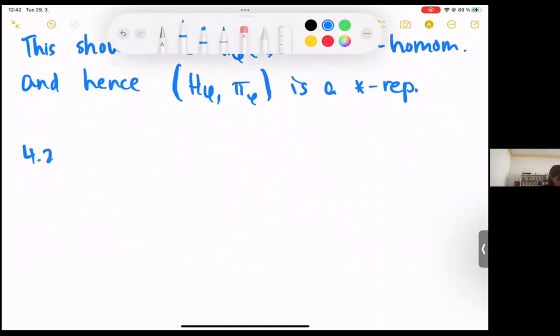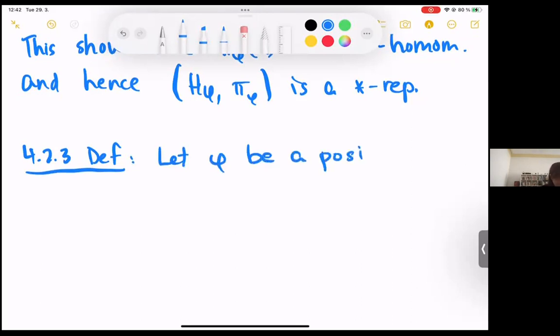Okay, so this particular construction is called the Gelfand-Naimark-Segal representation associated to phi. So we can safely call it an honest representation now.